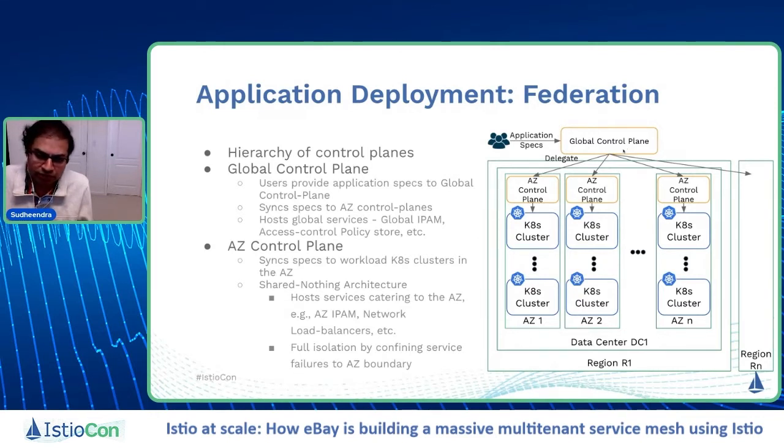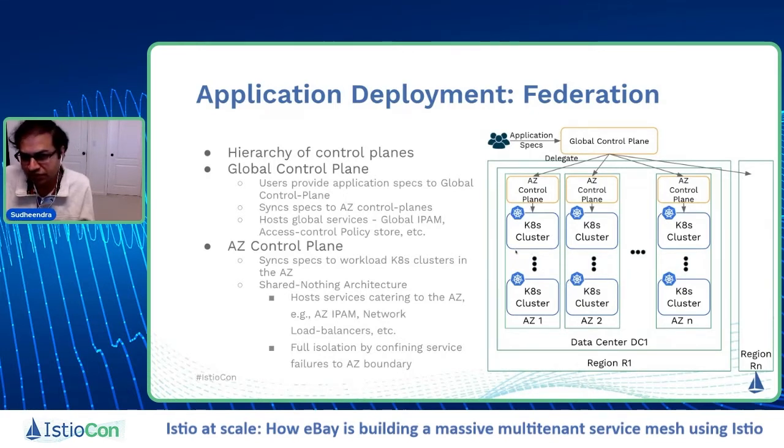These could be deployment specs, and as we will get into a little bit later, these could be what we call access point specs to represent the load balancing and traffic management specs. The function of the global control plane is to take the specs and delegate them to the AZ control planes. And when the AZ control planes get the specs, their responsibility is to spread them, or sync them, to the Kubernetes workload clusters in that AZ.